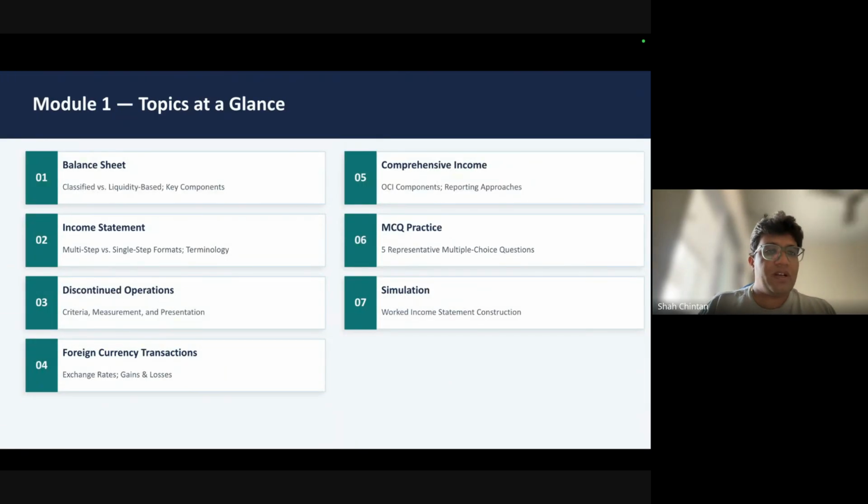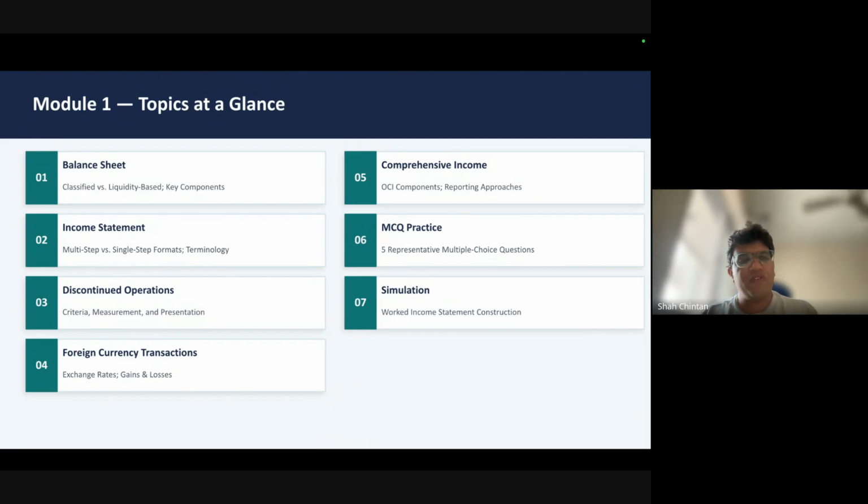So we will also touch upon those aspects. First, what are we going to see: the balance sheet. We will understand what the key components of the balance sheet are. Income statement has multiple formats available: single step, multi-step, single statement, multi-statement. We will understand all those things, and we will understand discontinued operations, how presentation and disclosures are required for them.